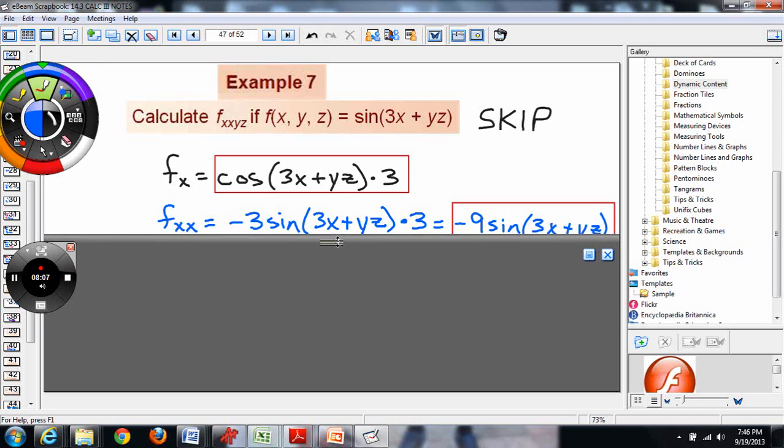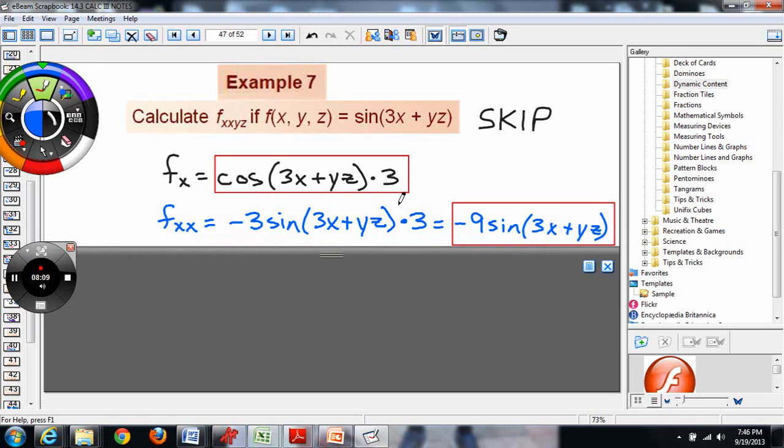And then you take that answer and find the derivative with respect to x again. So you carry your 3 along for the ride, but it's a negative because it's cosine. So negative sine of that same amount, and then you multiply by the 3 again because it's with respect to x.